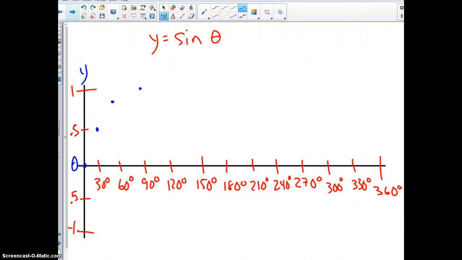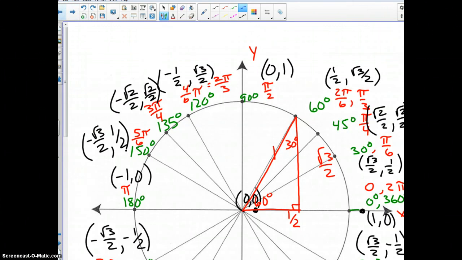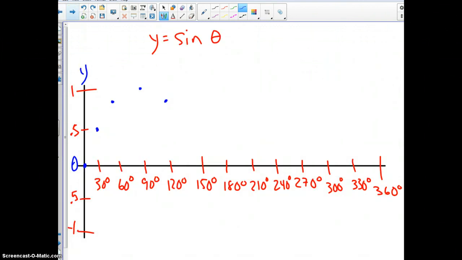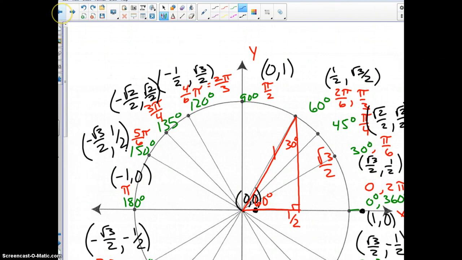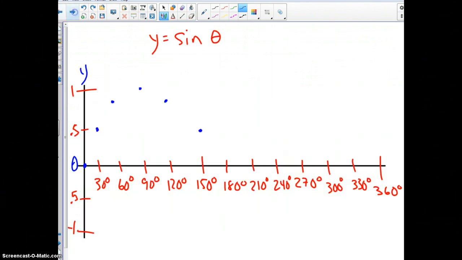You might start to see some patterns now, or noticing some things. If you go on to 150, again, unit circle, at 150, the y coordinate here is 1/2. So at 150, we're back to a half. And then when you do 180 degrees, oops, excuse me, to go backwards, 180 degrees, y coordinate 0. So here we are at 0.